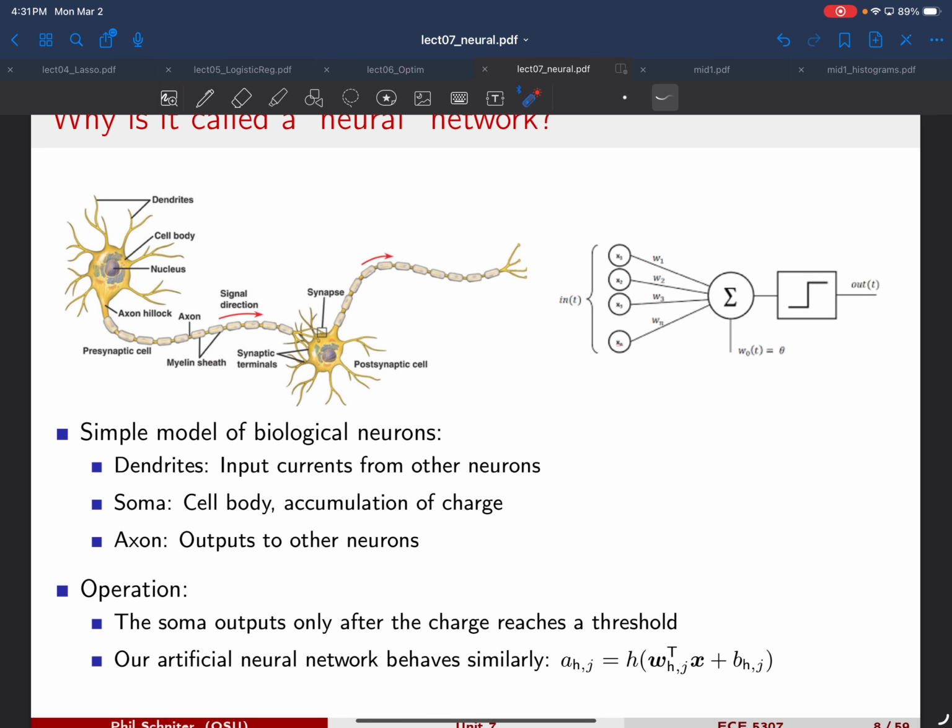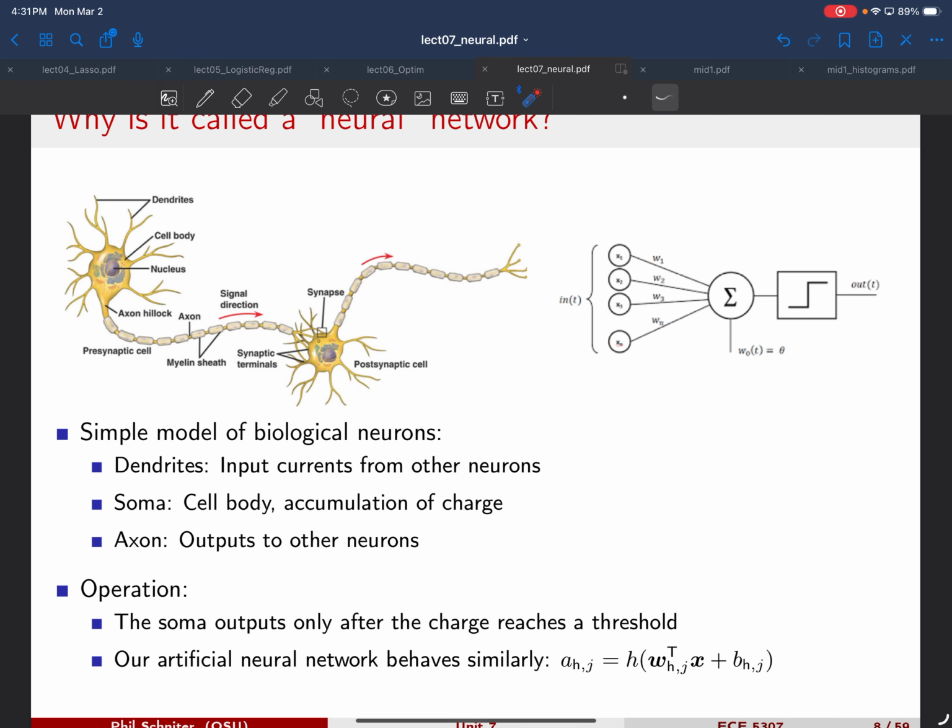And so, roughly speaking, if you want to model this mathematically, not really taking into account the time domain, but just the charges, if these are the different levels of charge coming into the cell, maybe they are weighted in different ways, and then this is the total accumulated charge. And then we have a nonlinearity, which is basically asking, is that beyond a threshold? If the charge is beyond a threshold, then you put out something large. If it's not, you don't put out anything.